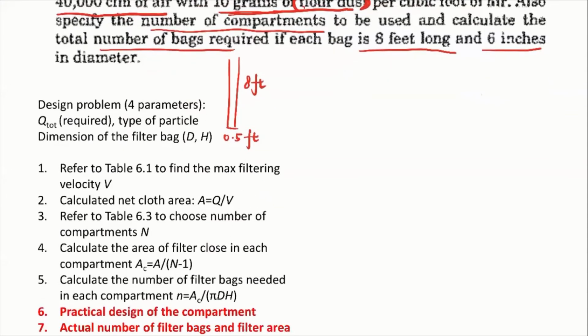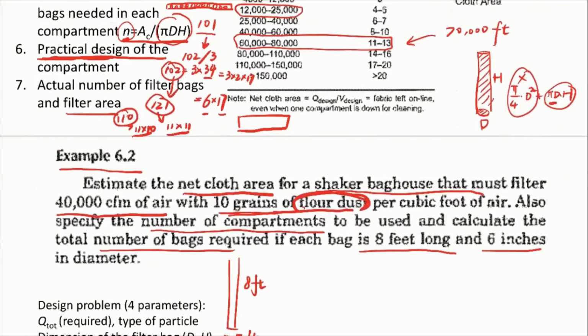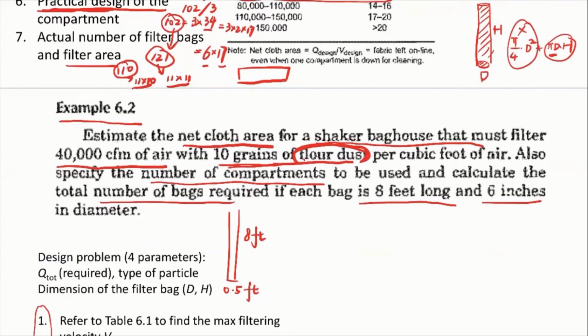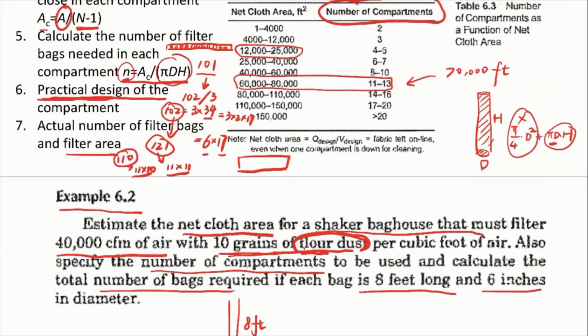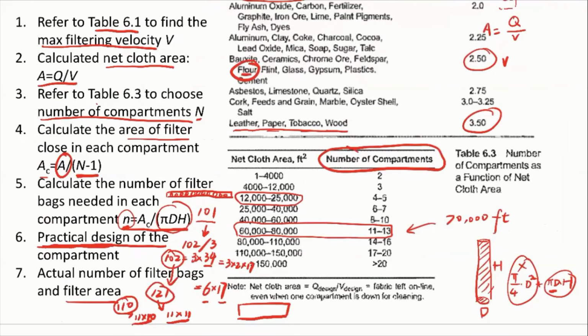If you go through these steps, we can look at it one by one. As we introduced earlier, what we need to do first is find out the maximum filtering velocity, right? We have done the quiz earlier, so we have to locate where the flour is in this table here.